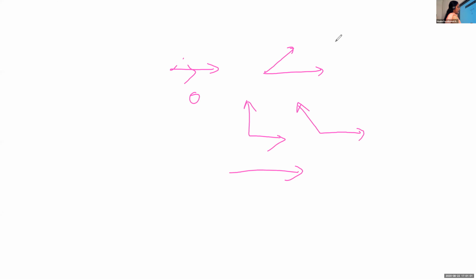Then if it comes like this, zero angle, acute angle, right angle, obtuse angle, straight angle, and when it comes like this, and we take the other part of it, what is the name of this angle?